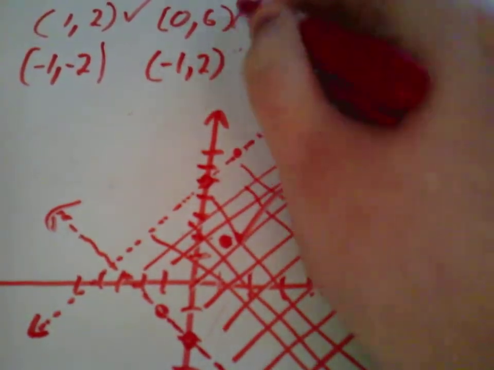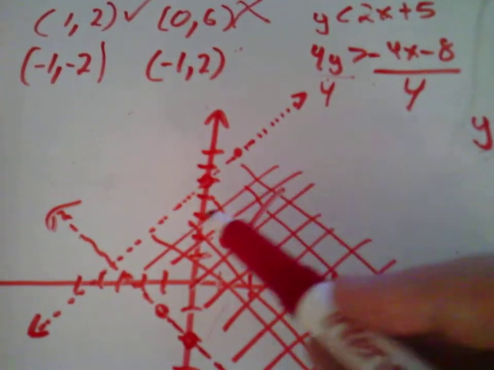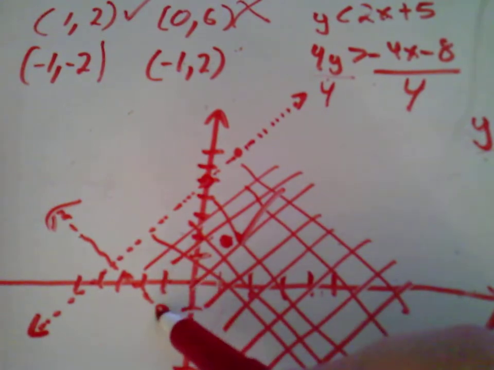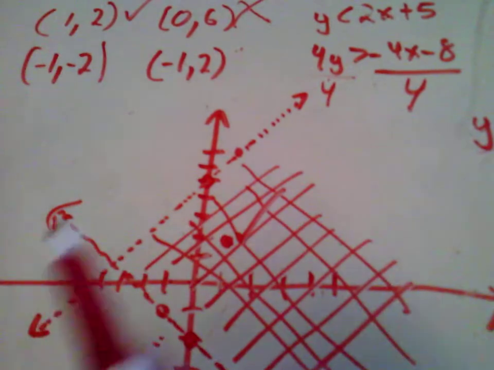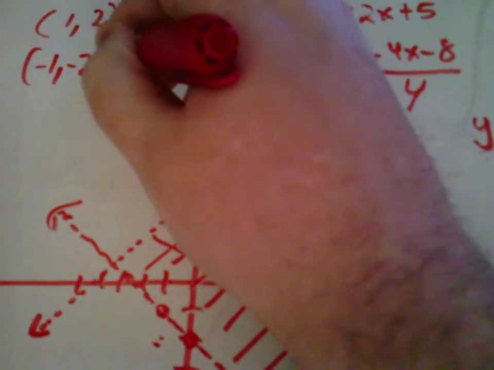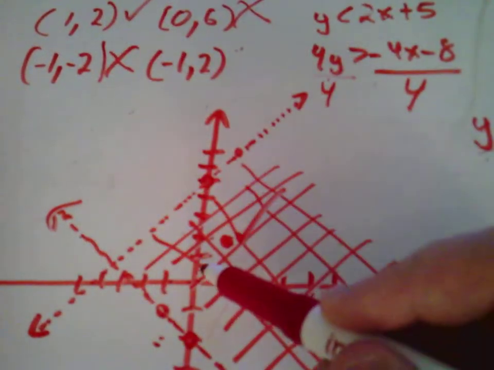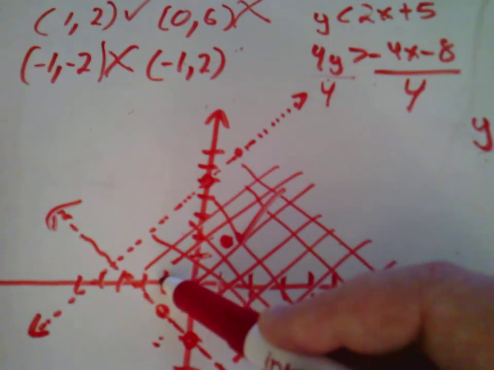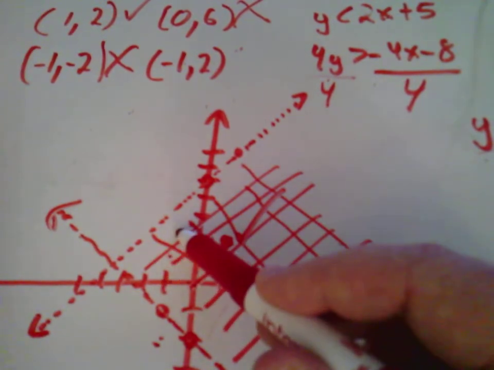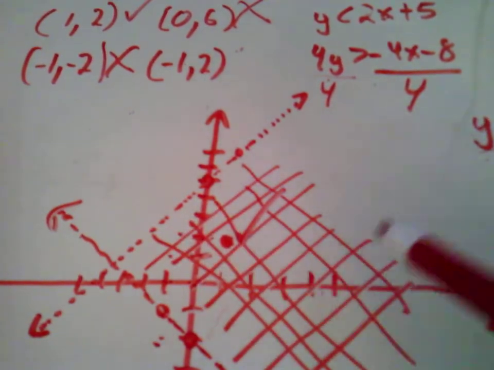That is not true. (-1, -2), is that inside? No, it's outside. It's not part of the solution set. Not true. Lastly, (-1, 2). That is in this area. That is true.